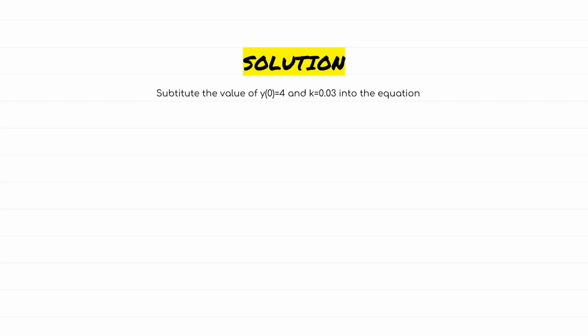We substitute y naught equals 4 and k equals 0.03 into the equation, and we get y(t) equals 4 exponential negative 0.03t. For t equals 5 we have 3.442813. This is the value of the exact solution.